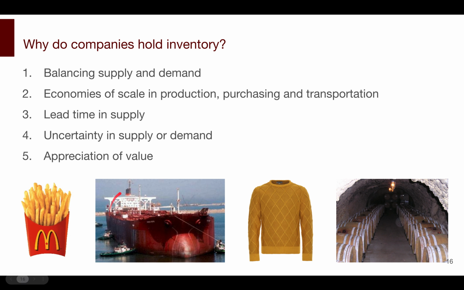So this sort of ship is used to transport oil from, say, Iran to China, for example. Now, these ships are so huge because it's cheaper on a per unit cost to transport huge amounts. So that's why they build huge ships.